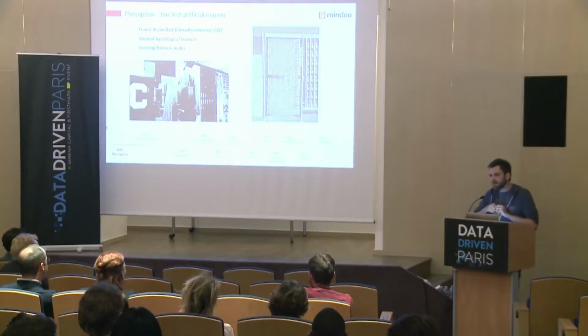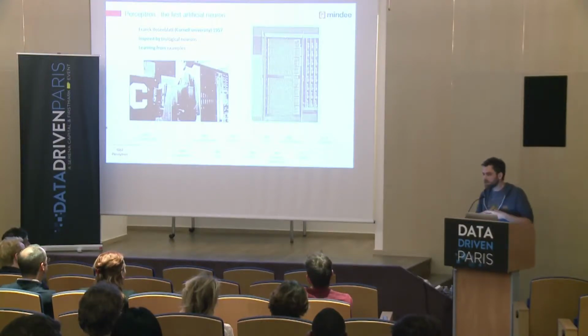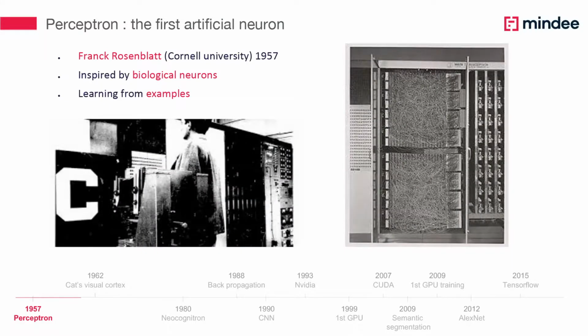It takes as input a bunch of signals, maybe, for example, the value in each pixel of an image. It multiplies each of these signals by a weight, creates the sum of the resulting signals, and lets the signal pass if it's strong enough. Otherwise, it blocks it. So a bunch of signals, each signal is weighted, then the sum of it, and that's it. That's how a neuron works.